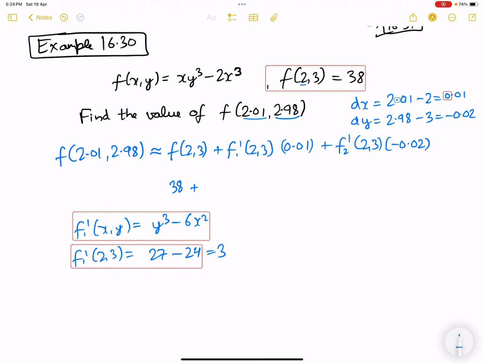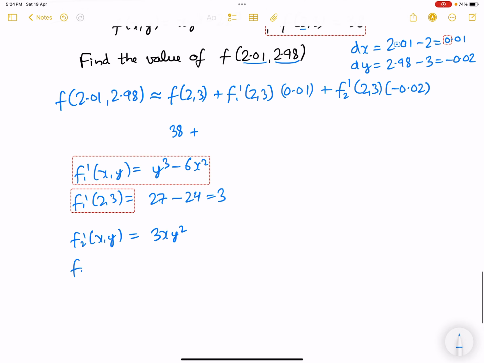Similarly, f2 dash xy would be 3xy square. So f2 dash 2, 3 is 3 into 2 into 9, 27, 54. So it is 38 plus 3 into 0.01 plus 54 into minus 0.02.